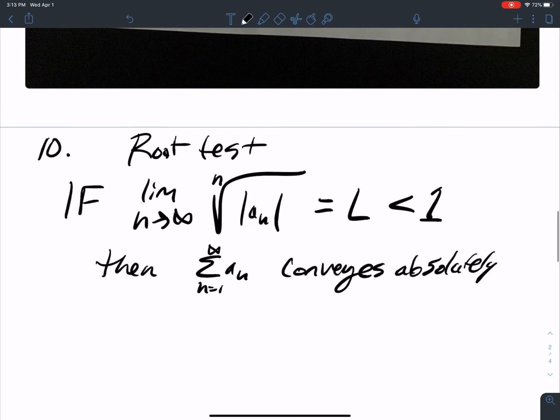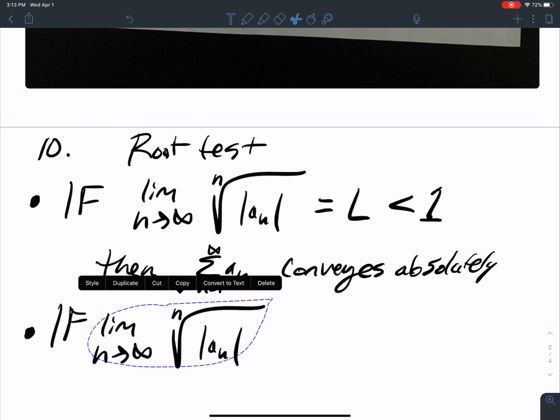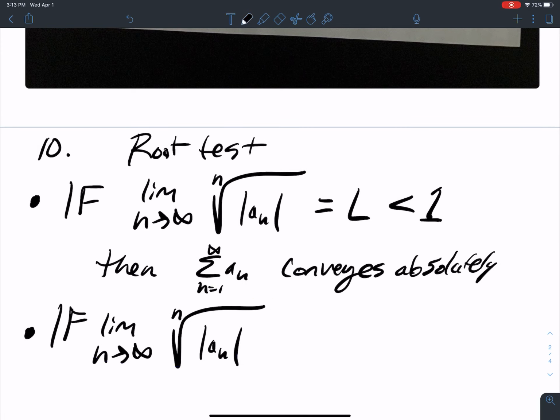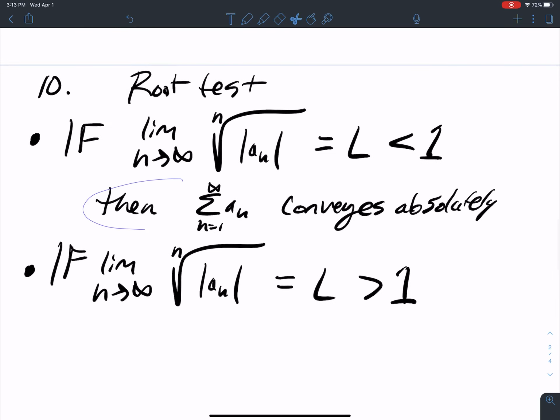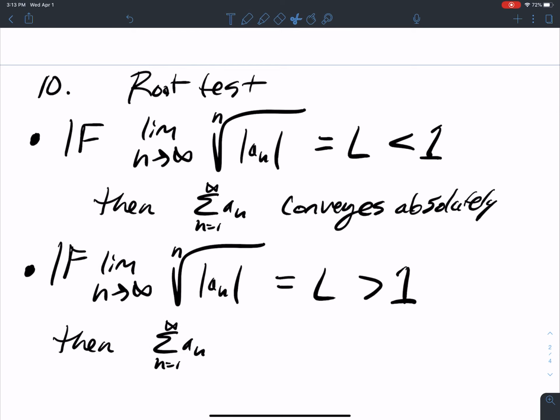For the second part, if the limit as n goes to infinity of the absolute value of the nth root of a_n is equal to L, which is greater than 1, then the series diverges.